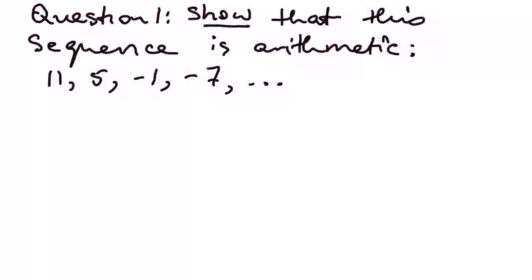Here's question 1. Show that this sequence is arithmetic. If it's arithmetic, then I'm adding the same amount each time. So this is how I do this question. I'm going to go, what do I get when I do T2 minus T1? That's 11 minus 5. Oh, no, it's not. Sorry. That is 5 minus 11.